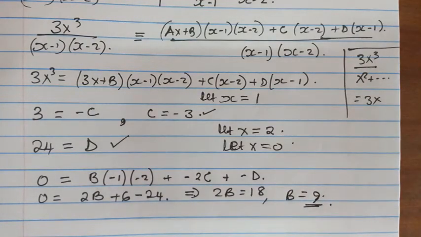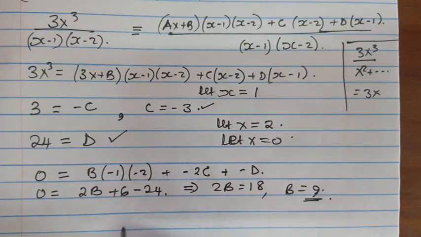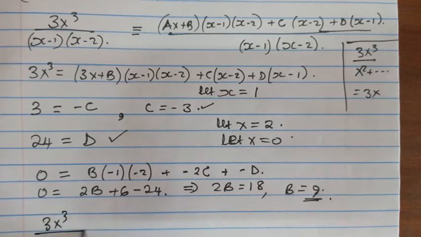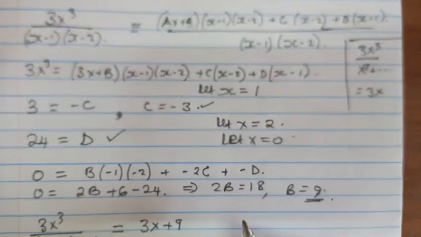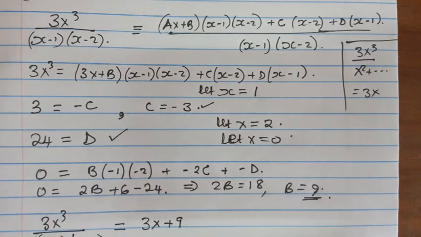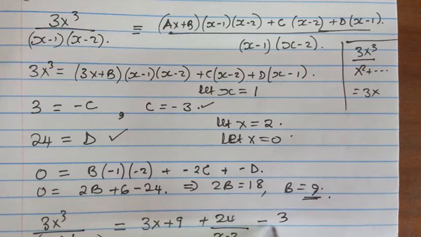So at the end of the day, we can express the whole of this expression, 3x cubed all over x minus 1, x minus 2, to be exactly equal to 3x plus 9, plus, let's first of all bring in d, which is 24, all over x minus 2, minus c, which is minus 3, all over x minus 1.